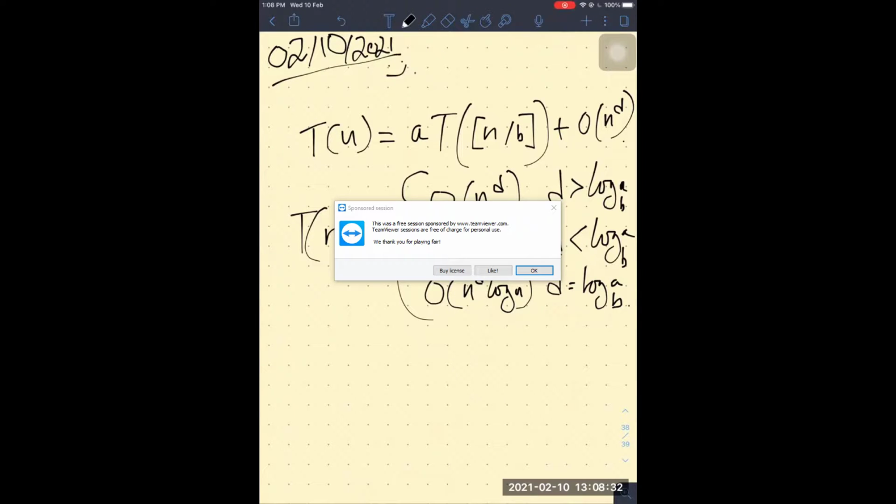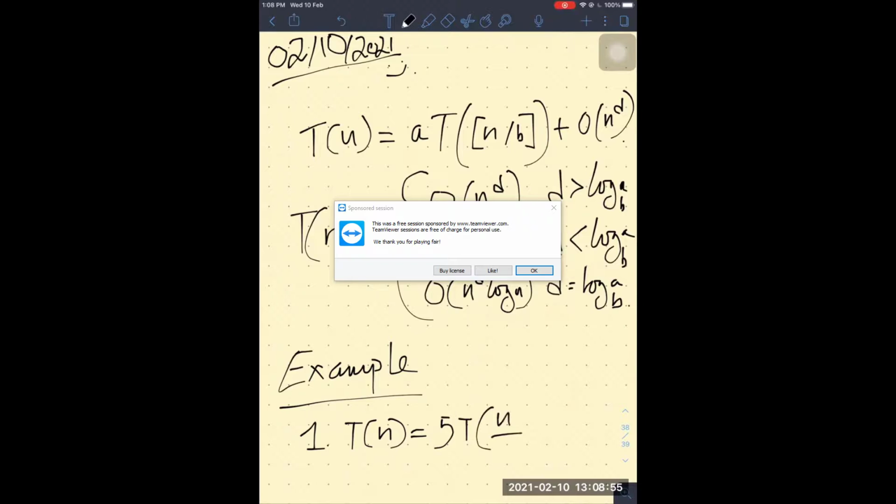Okay, so let's discuss one example for the Master's theorem. Suppose it is given that T(n) is equal to 5 times T of n by 4 plus n.